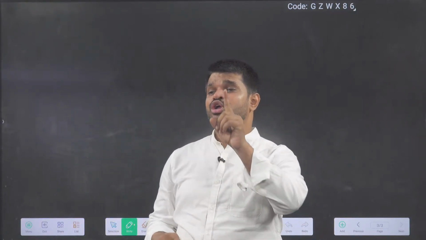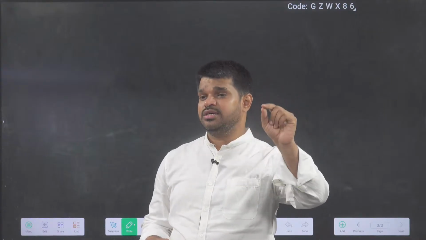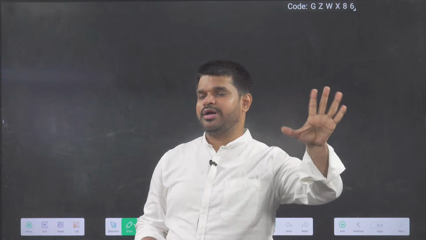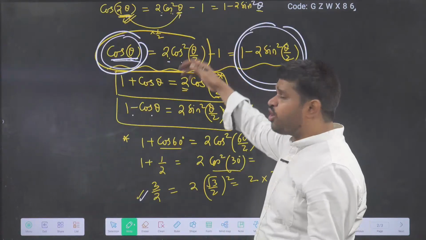Second formula is 2 cos squared theta minus 1, and last is 1 minus 2 sin squared theta. Using these formulas today we did all these things.